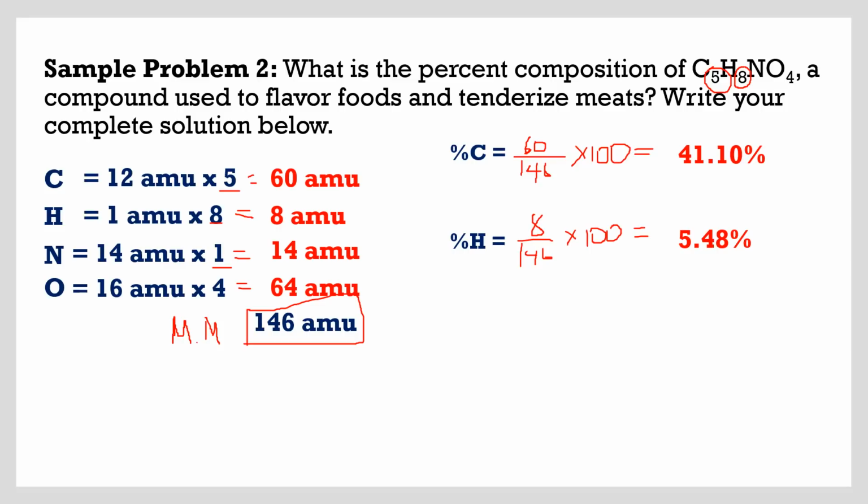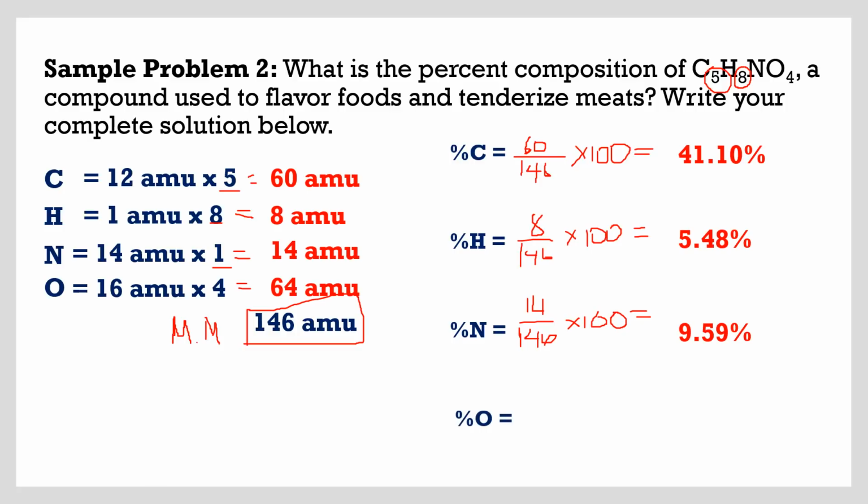For nitrogen, it is 14 divided by 146 times 100. The answer is 9.59%.